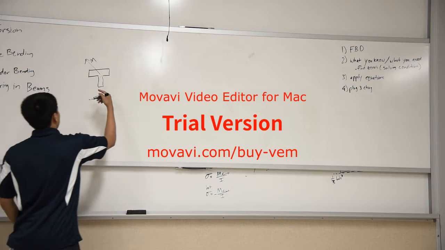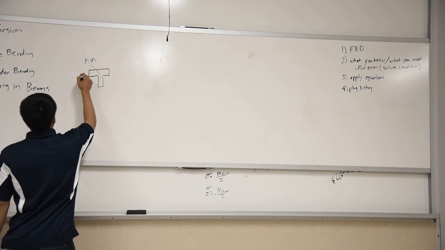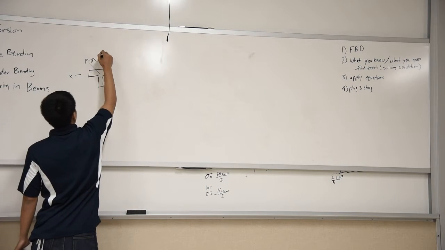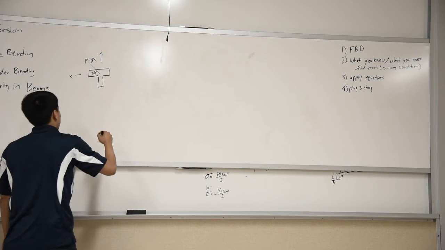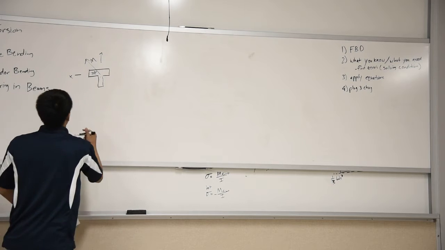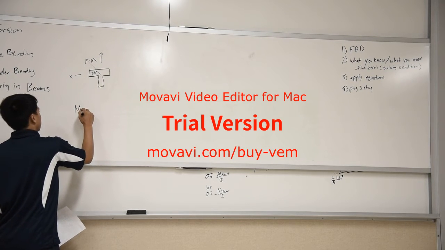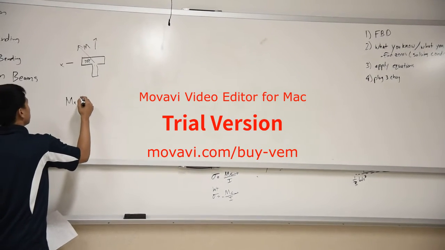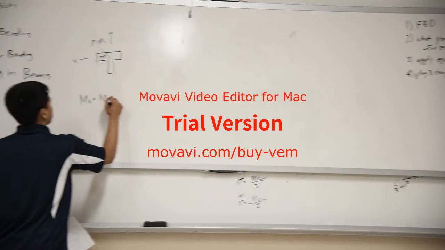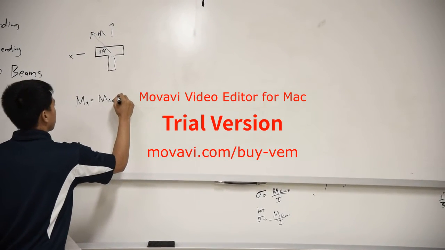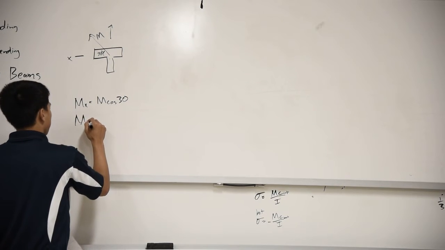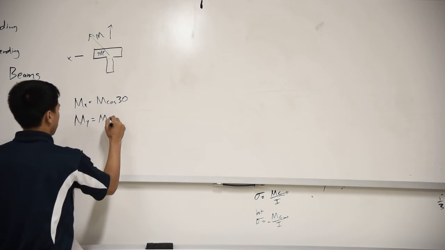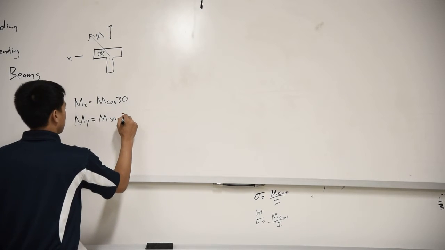So let's say x, y, and let's say this angle is 30 from the x. So the x moment is equal to M cosine 30, and the y moment is M cosine 30.